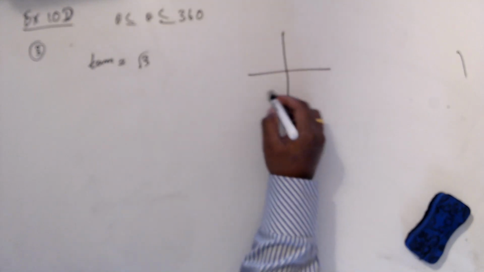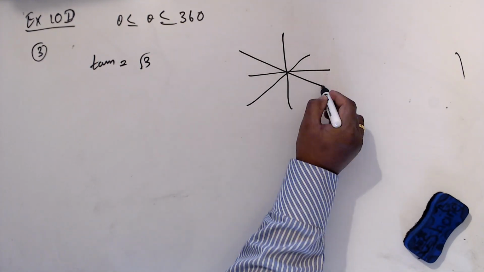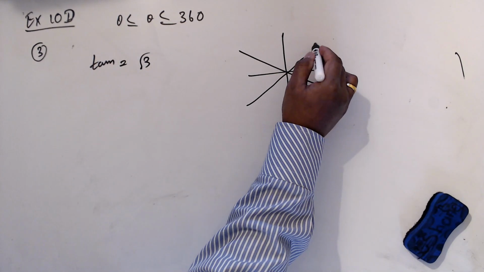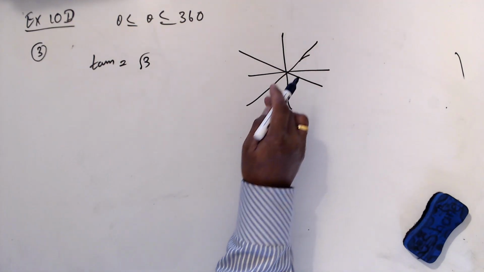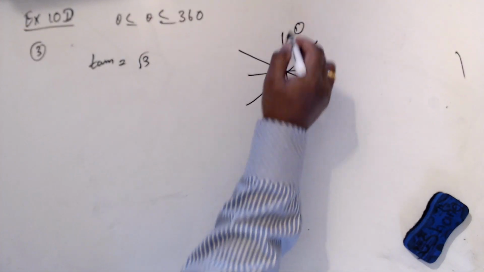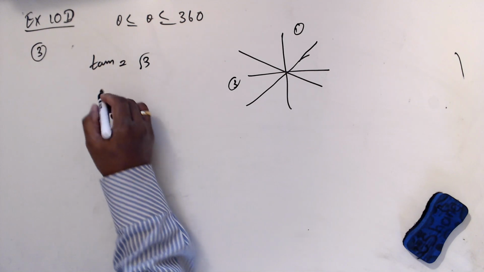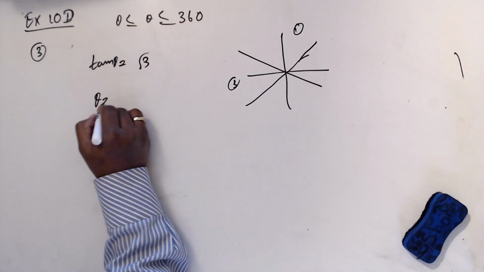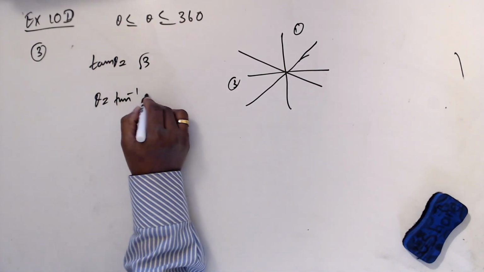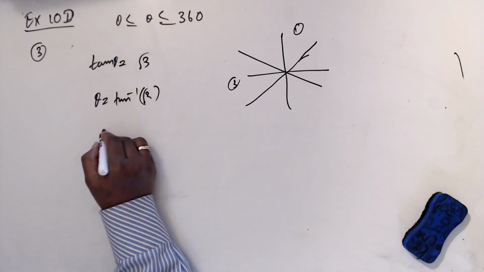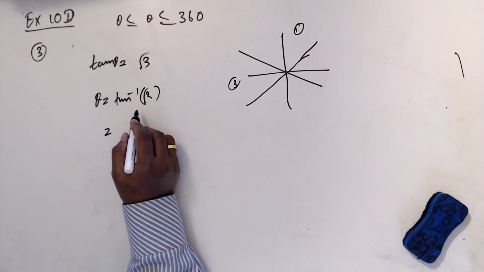Now tan is positive. Tan is positive in the first one and the third one. So theta equal tan inverse square root 3. Can you remember this value? That is 60.